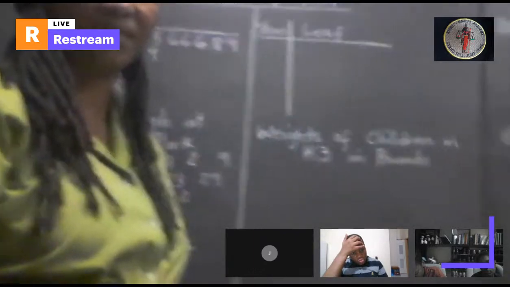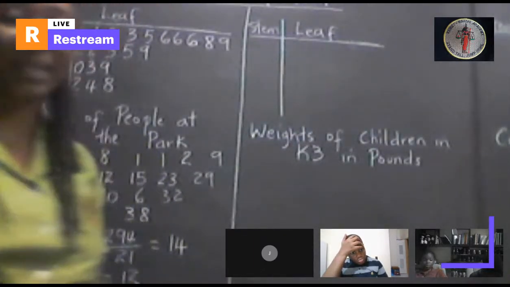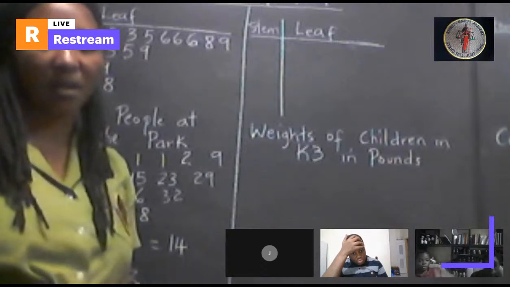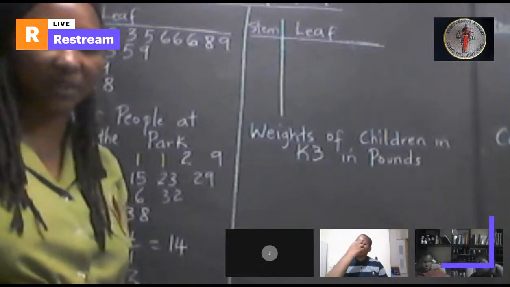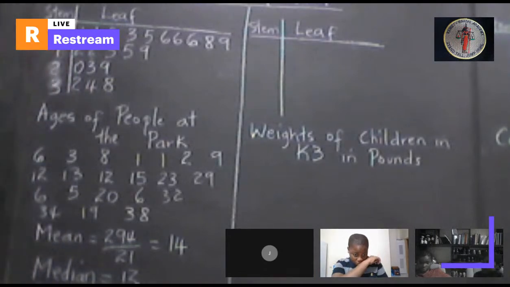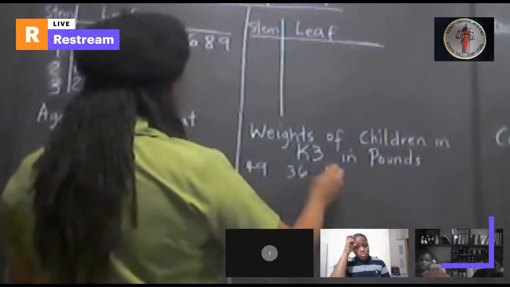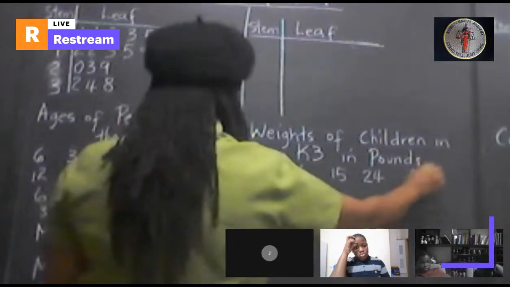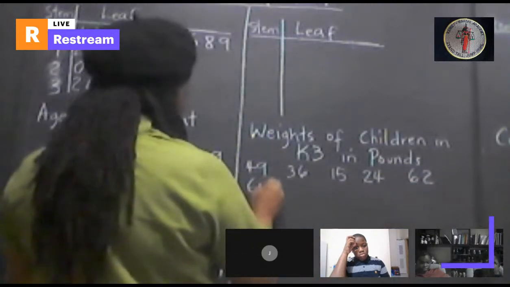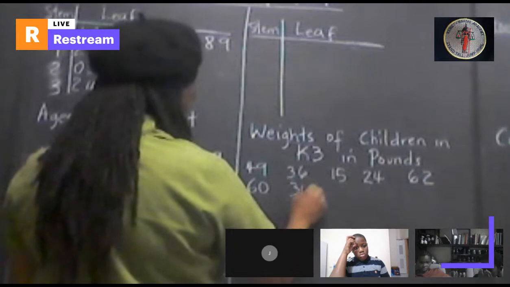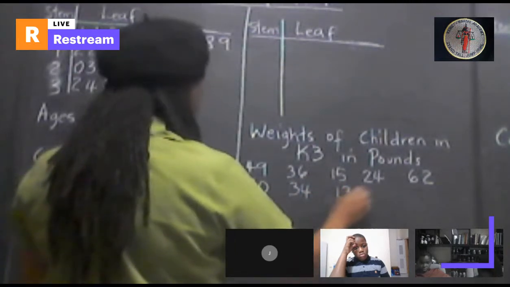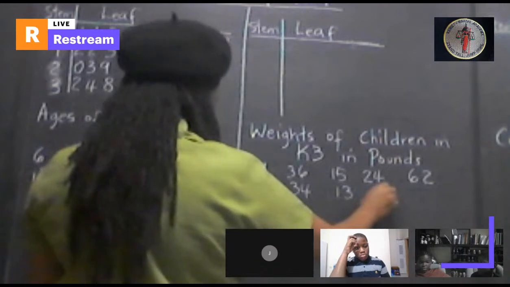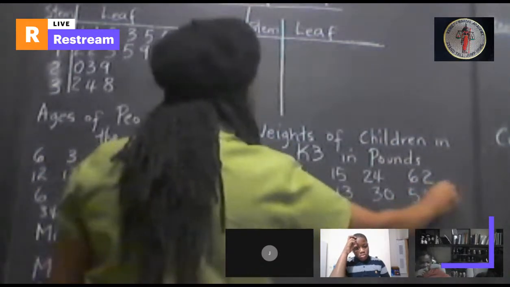This one represents the weights of children in K3 in pounds. All right, so these are the weights in pounds: 49, 36, 15, 24, 62, 60, 34, 13, 30, 58, and 55.